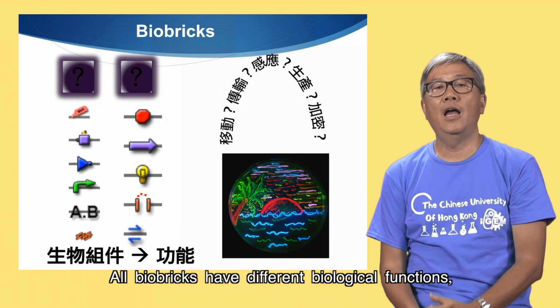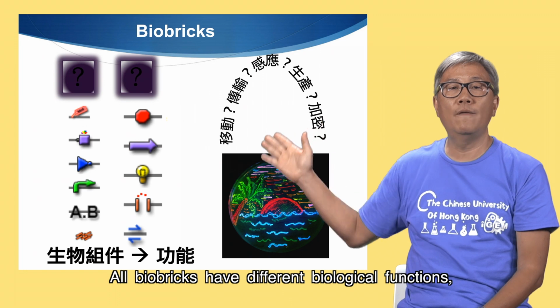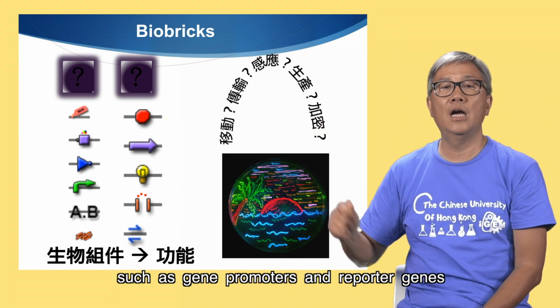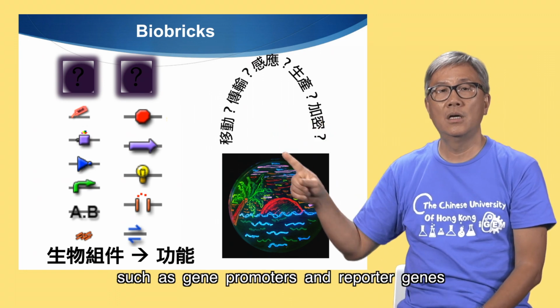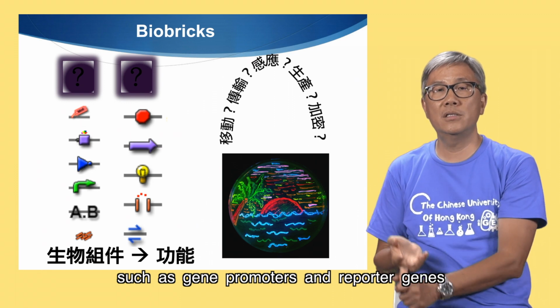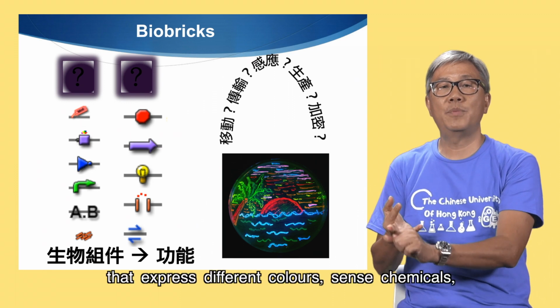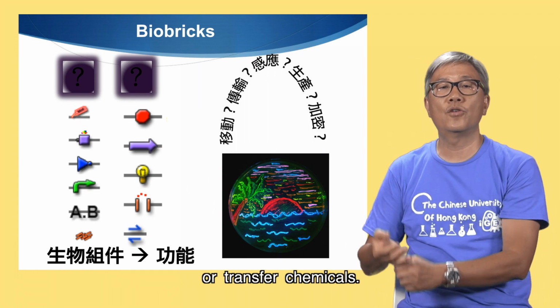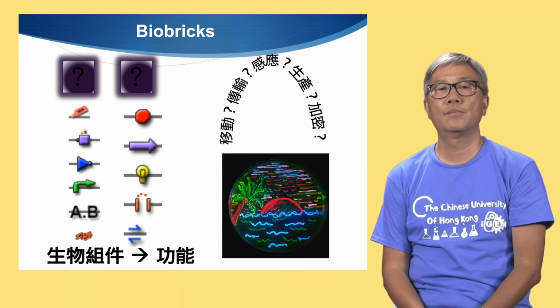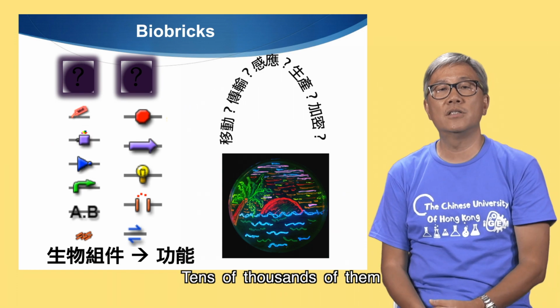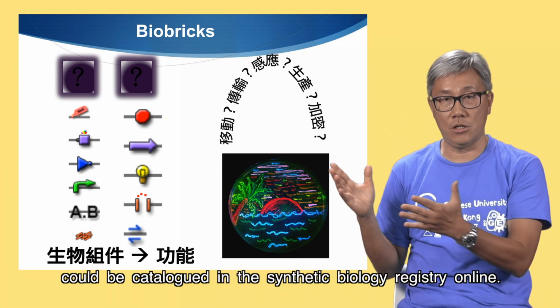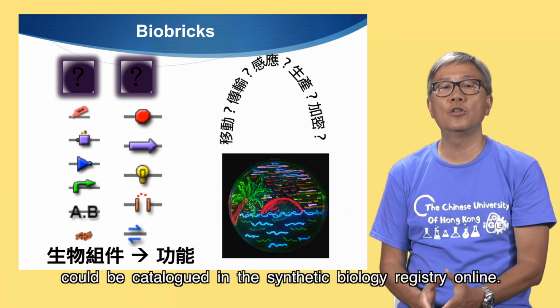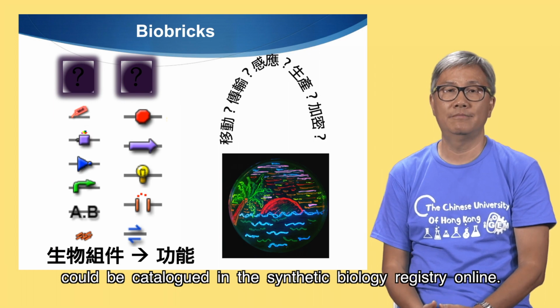All biobricks have different biological functions, such as gene promoters, reporter genes that express different colors, sense chemicals, or transfer chemicals. Tens of thousands of them could be cataloged in a synthetic biology registry online.